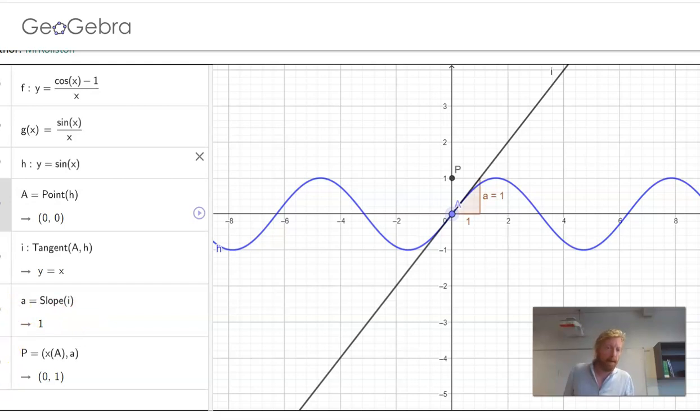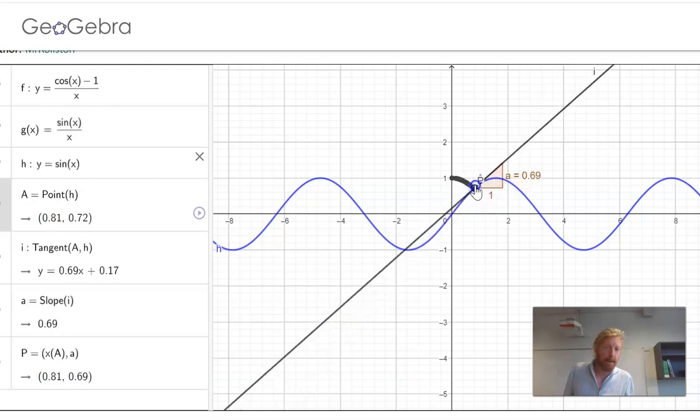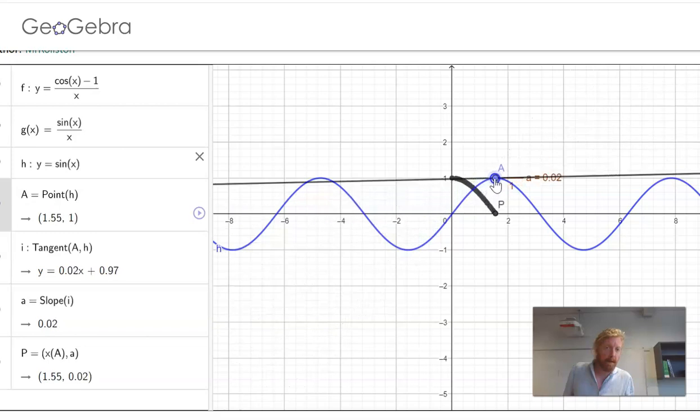Now that's that point of 1. What happens if I move that point to here? The gradient there is going to be 0. So it's going to decrease, and then it's going to get to 0.